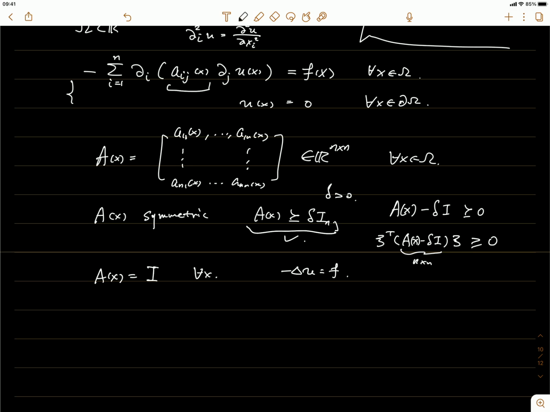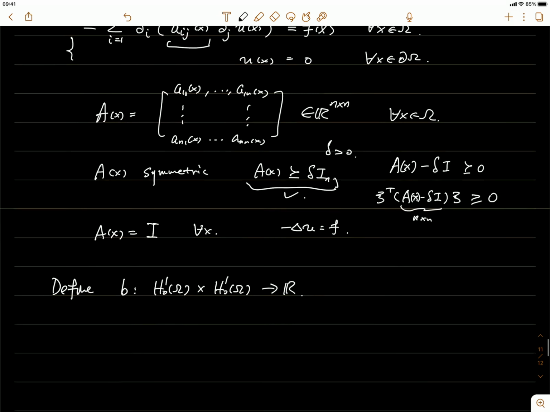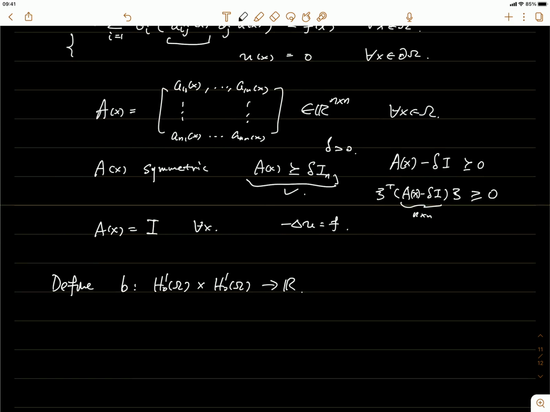So to this end, let's define a function B. B stands for bilinear. Let's define B as a mapping that takes two points from the H01 space. That means you give two functions, u and v, and it gives you an output, a scalar.